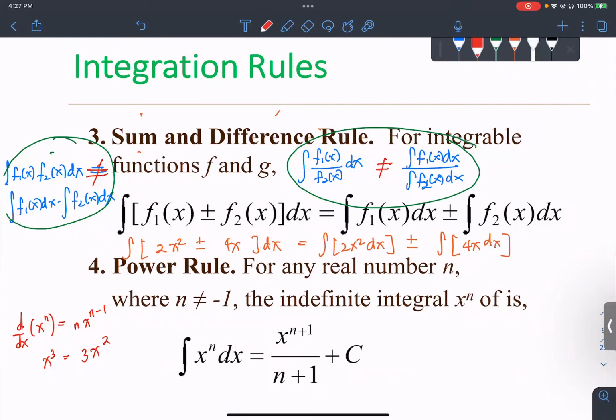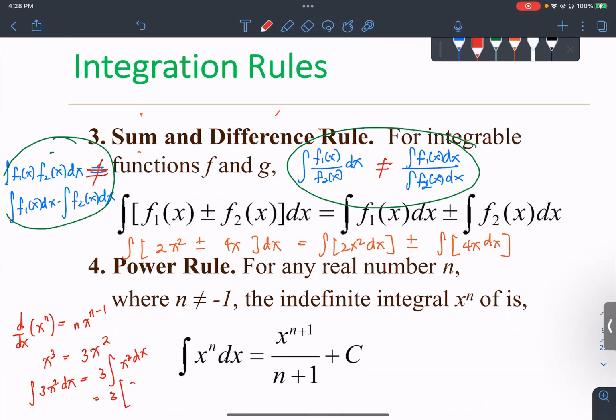So ngayon, if I'm going to integrate this, the integral of 3x squared dx, I'm going to follow this formula: x raised to n plus 1 all over n plus 1. Ito, I'm going to follow the coefficient rule, so this is the same as 3 times the integral of x squared dx. Tapos, I'm going to use the power rule.